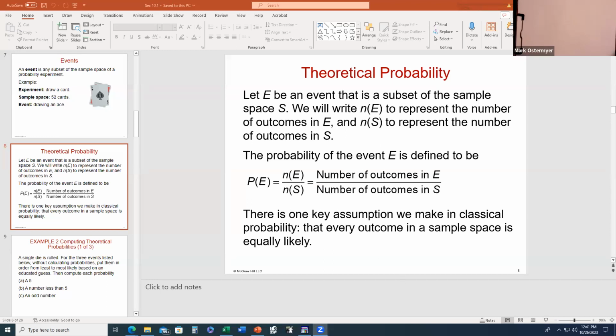This notation is to be interpreted as the probability of event E occurring. So you don't say P times E, you read it as P of E, or the probability of event E occurring is equal to the number of ways that event E can occur divided by the total number of outcomes for the particular experiment.